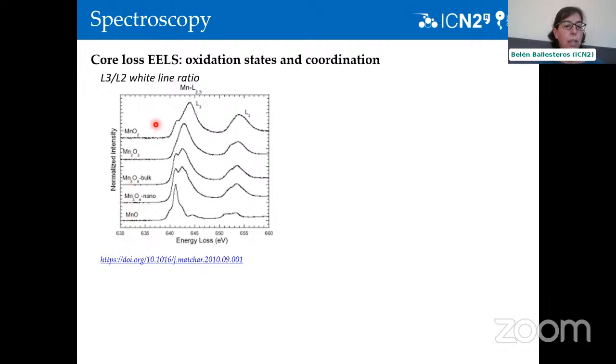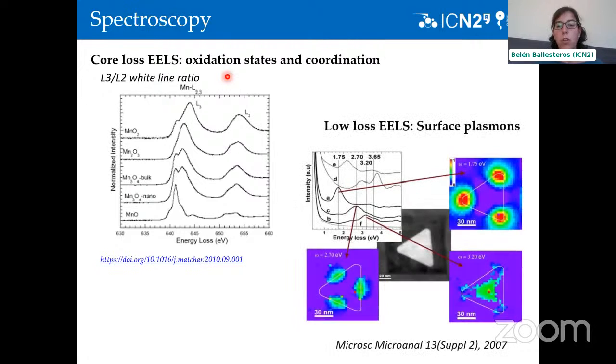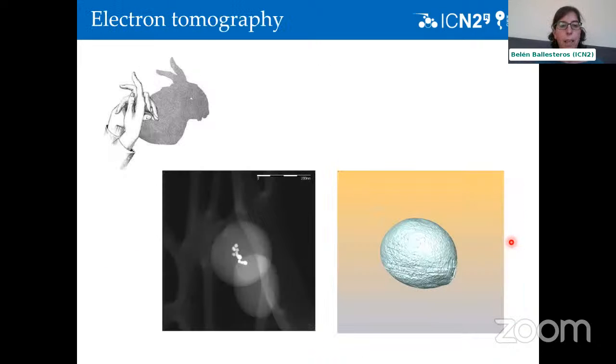This is an example with manganese oxide. And also, if we study the low loss area of the spectrum, we can study surface plasmons. In this case, this was a gold pyramid, and they were checking where the different signals of the plasmons were located.